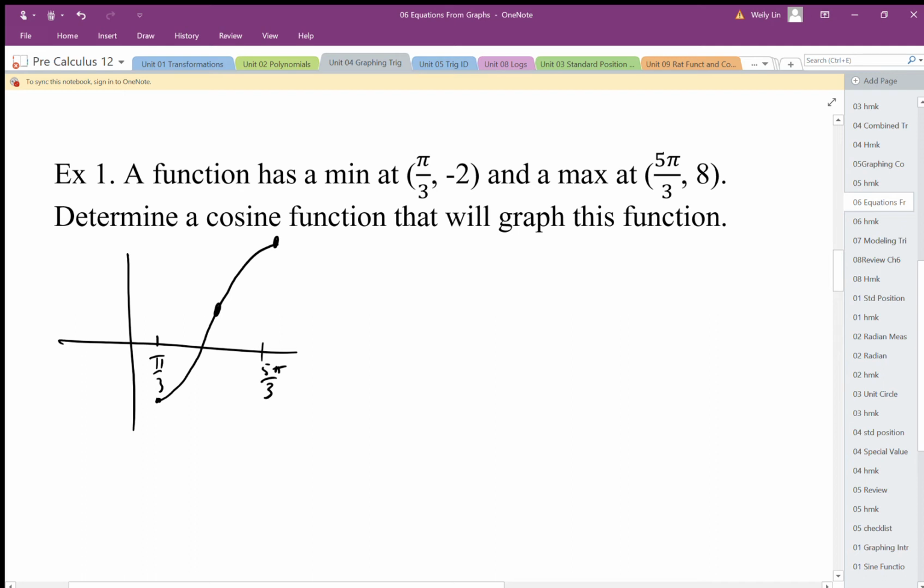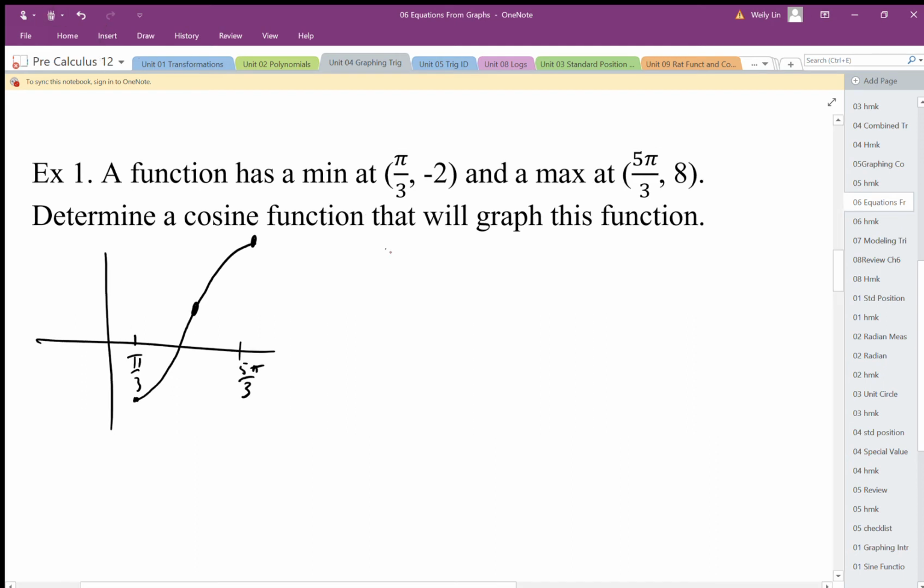So what we want are our different parts of this. I'll do this in different colors for the first one. The A value represents our amplitude. If we want the amplitude, we're going to take the position y and subtract the position 2 and divide by 2. That gives us the distance between top and bottom, and then we will divide that by 2 to give us the amplitude.